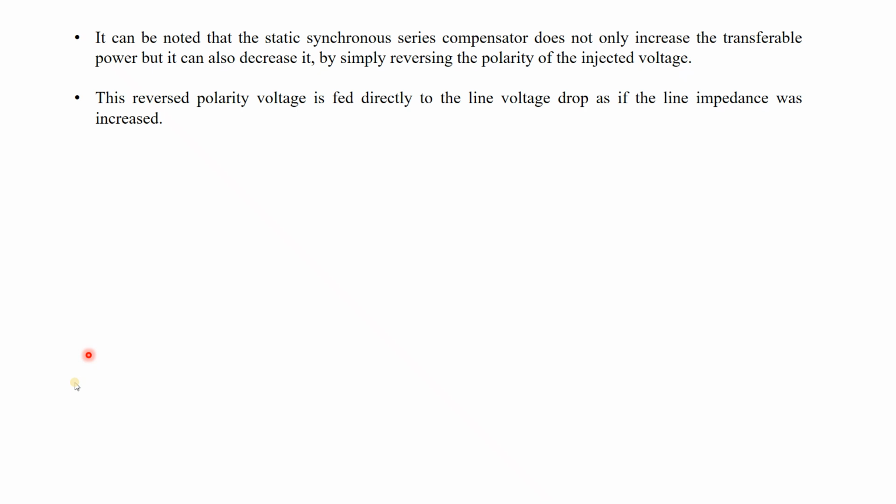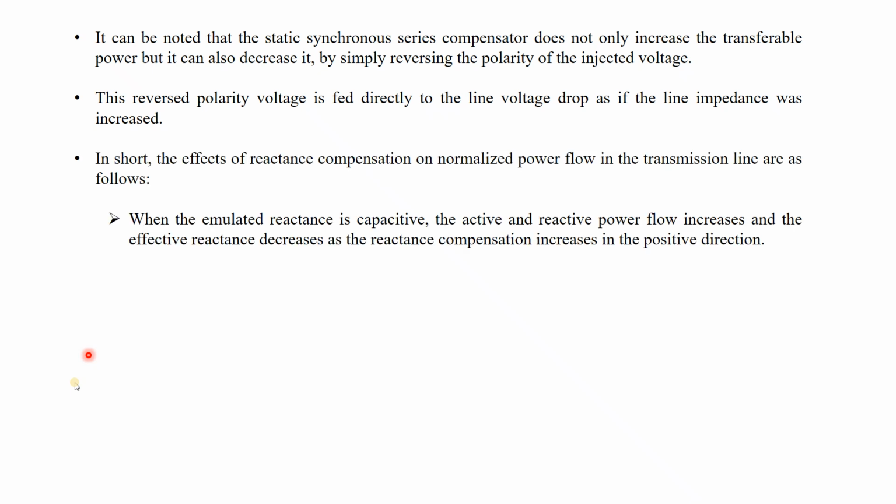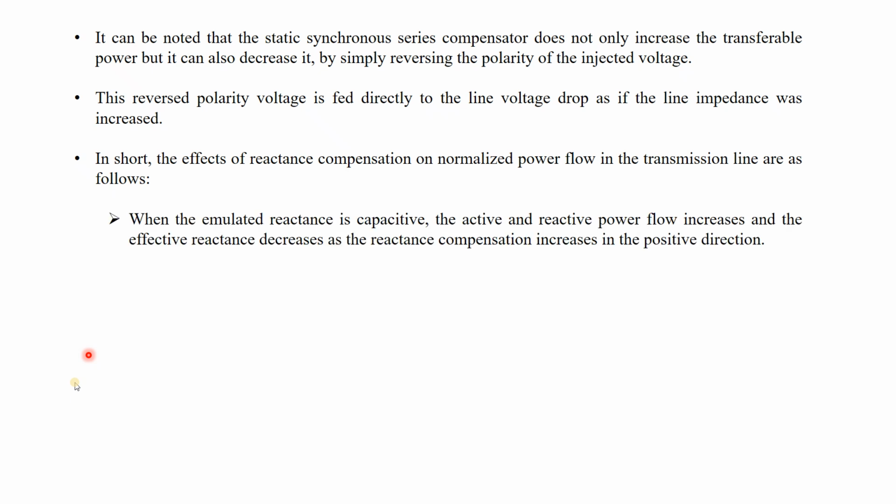This reverse polarity voltage is fed directly to the line voltage as if the line impedance was increased. In short, the effect of the reactance compensation on the normalized power flow in the transmission line is as follows. That means how the compensation takes place in the SSSC on the normalized power of a transmission line.